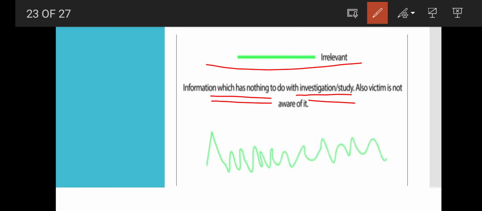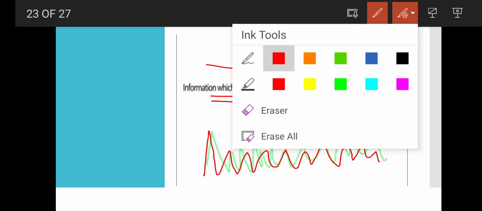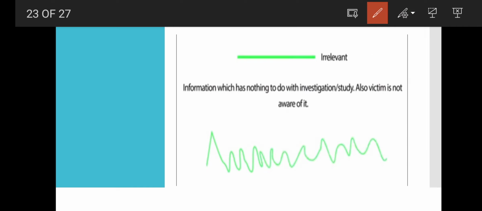So this green wave will show some peaks, and we can confirm that this is the irrelevant one. We have given him irrelevant information.